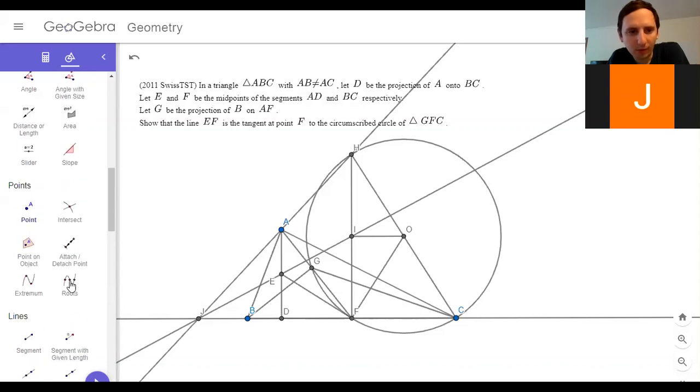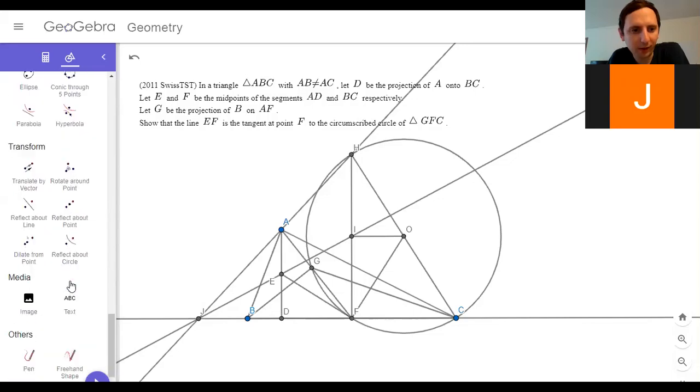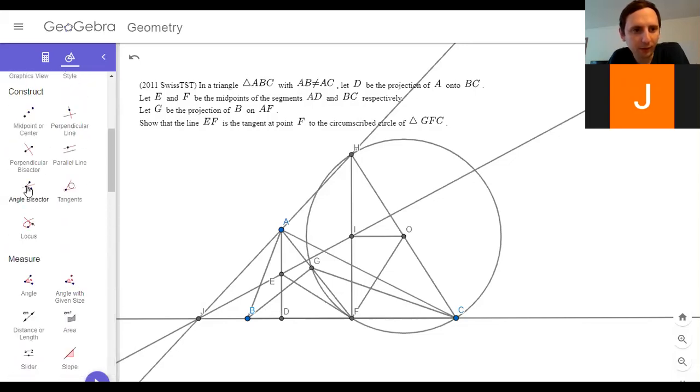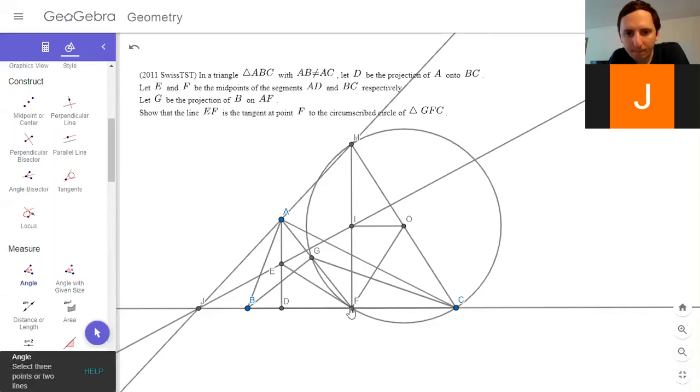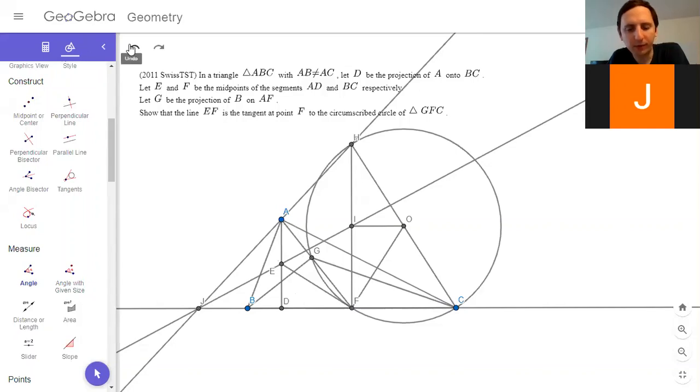So hold on just a sec. Where's my measure? Is that actually true? GFC is similar to EAF? No, I was missing something somewhere. Wait. But why is it not true?